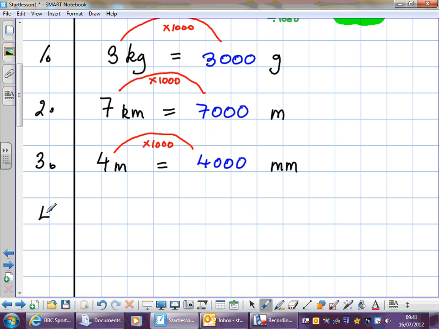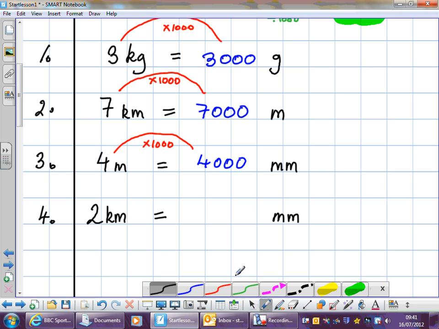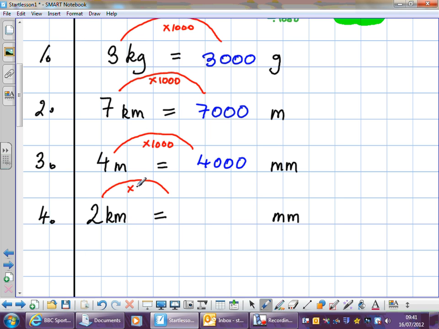Question 4. What about if you're going 2 steps from the largest units right down to the smallest? Here, I'll give you an example. 2 kilometers equals how many millimeters? Well, times 1,000 gives me 2,000 meters.